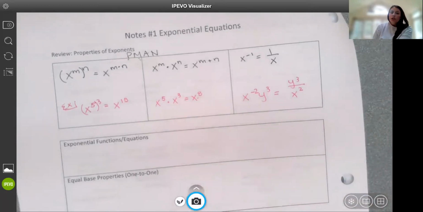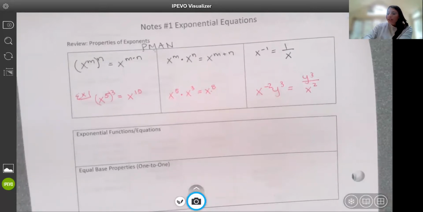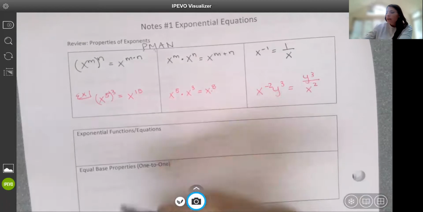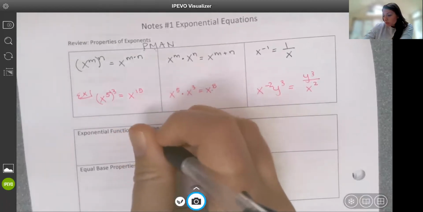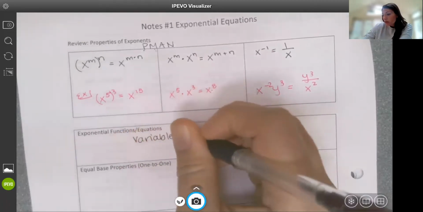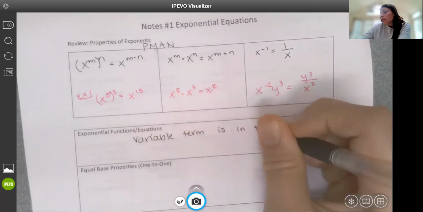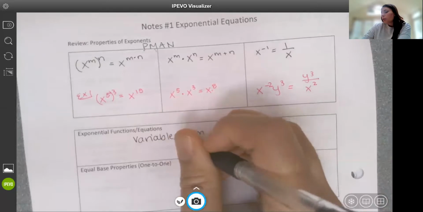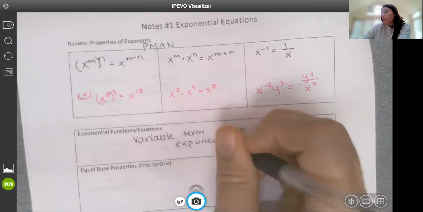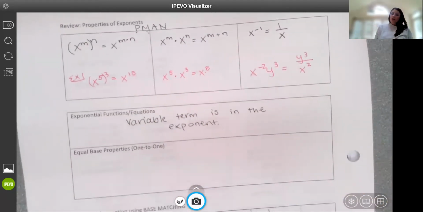So we're starting a unit with exponential equations. What's different about these equations from equations that we've seen previously is that the variable term is in the exponent. Now, there are all sorts of exponential equations.